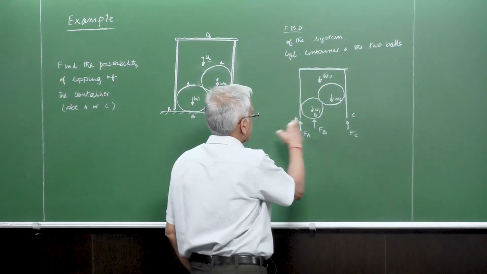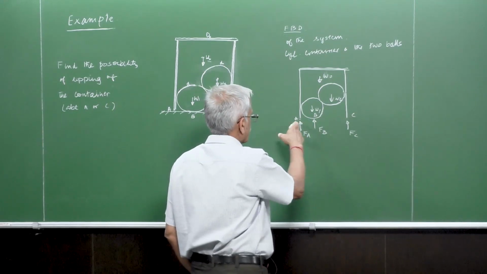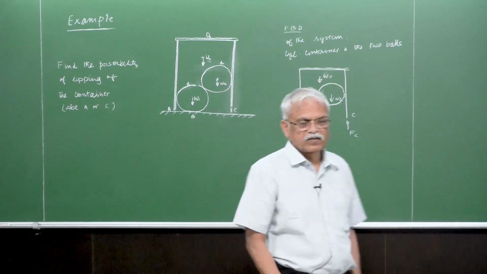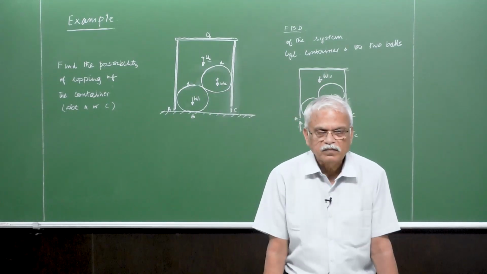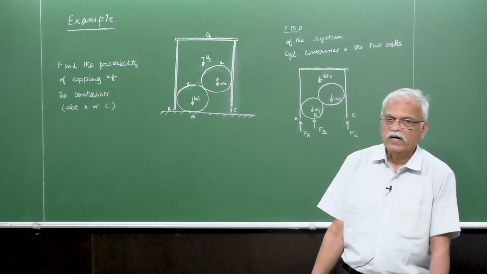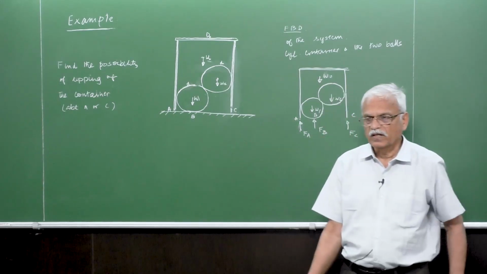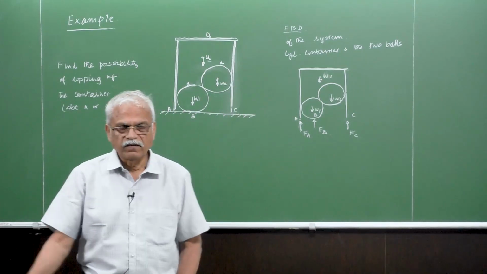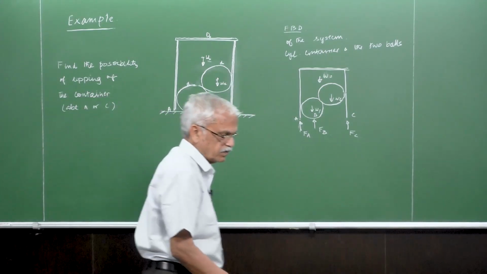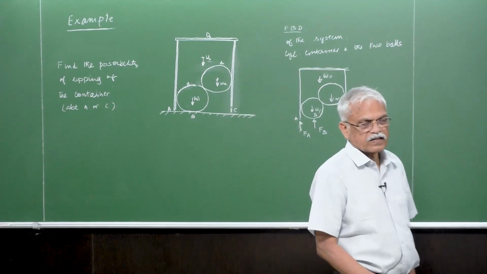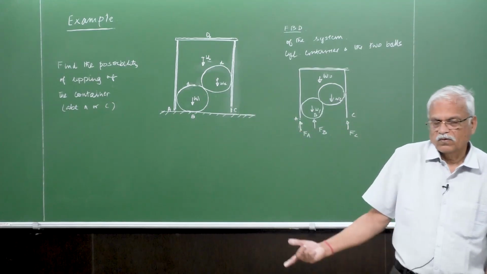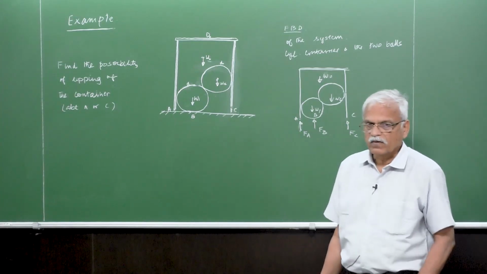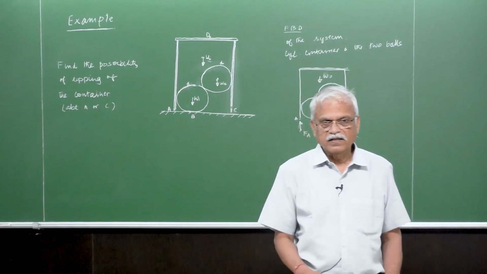In fact I may have to put the horizontal force either at A or C, or maybe both. But if you look at the problem, all the forces are acting vertically, so there is no need for any horizontal force. Even if you put the horizontal force, you can immediately conclude that it has to go to 0. So the horizontal equilibrium of the forces is trivially satisfied here.